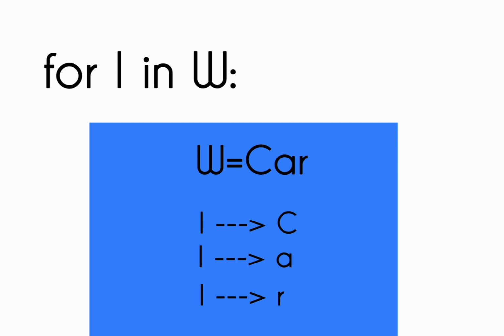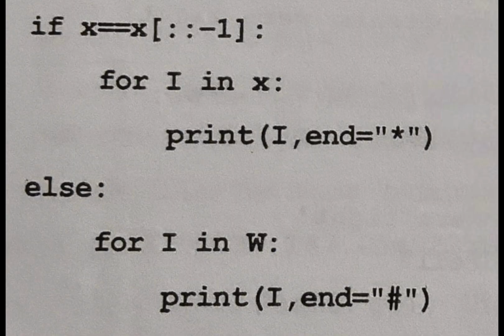So the value of I, which is the variable used here, will be C for the first time, small a for the second time, and small r for the third time. Now we have to print these characters like we did the previous time, but now the separator is different.